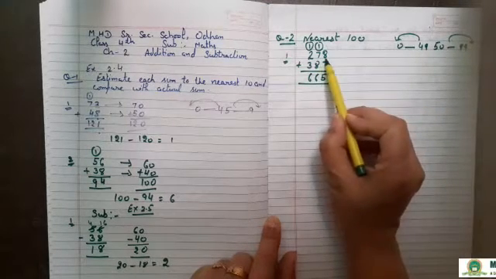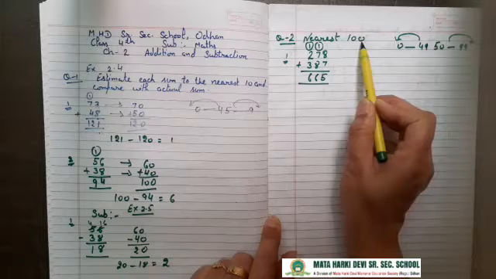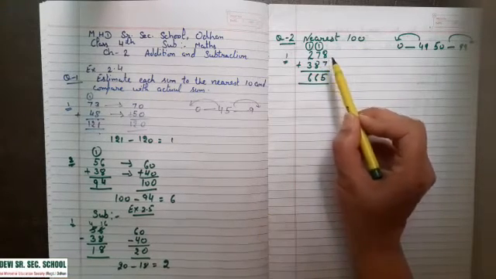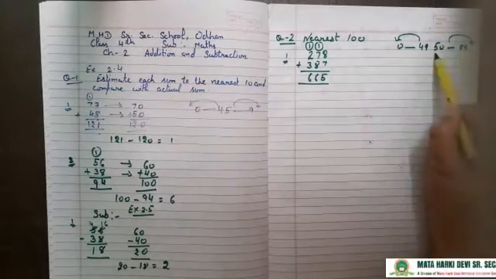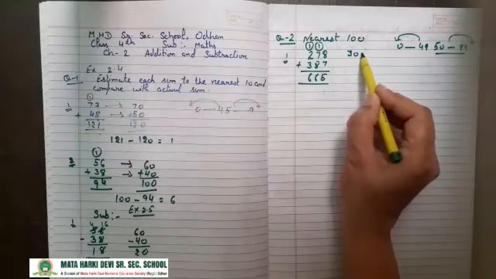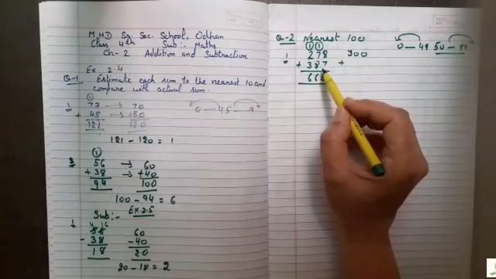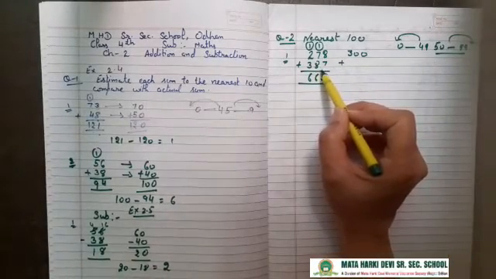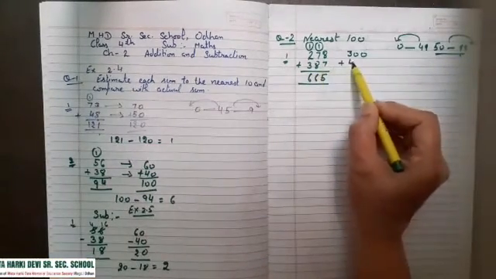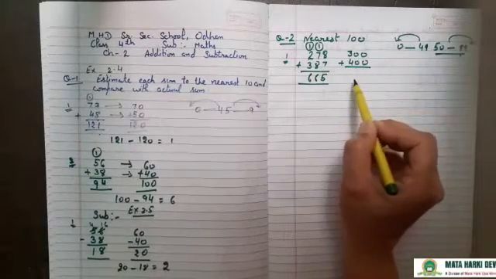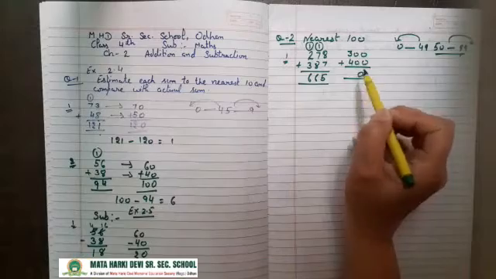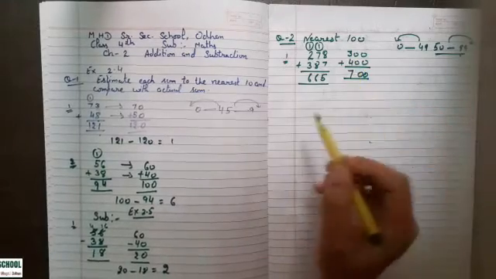So the last two digits are, as we have two zeros here for nearest 100, so we will take two digits, 78. 78 lies in this area, so it will become 300, and this is 387. 87 lies in this area, so it will become 400. And if we add them, 0 and 0 is 0, 0 and 0 is 0, 4 and 3 is 7.